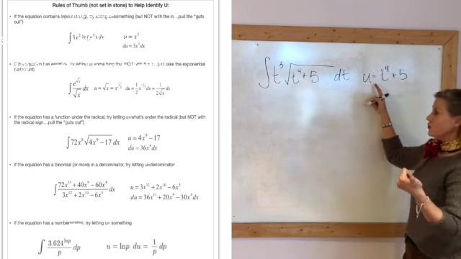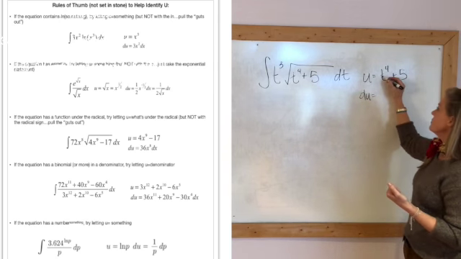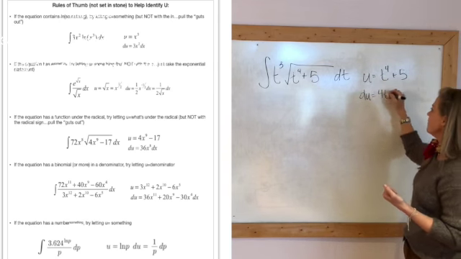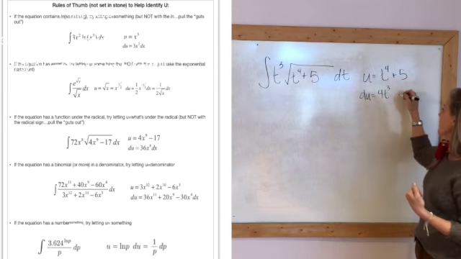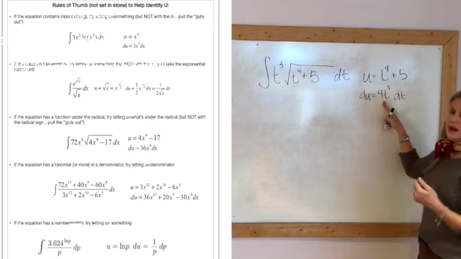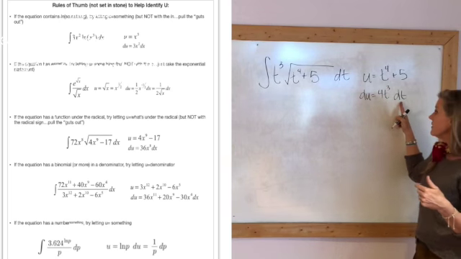So I identify U, then I derive both sides. The derivative of t to the 4th is 4t cubed, the derivative of 5 is 0, and I derived this side of the equal sign with respect to t.